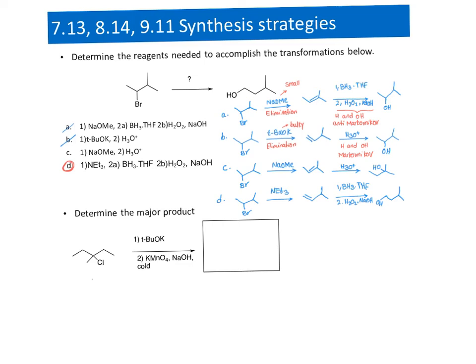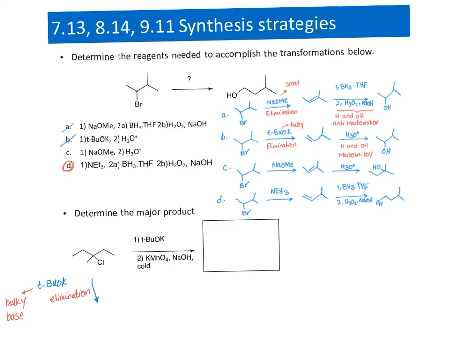So the first reagent is tertiary butoxide. I know tertiary butoxide is a bulky base, and the process that should happen here is elimination. And with a bulky base, I will get the Hofmann product.